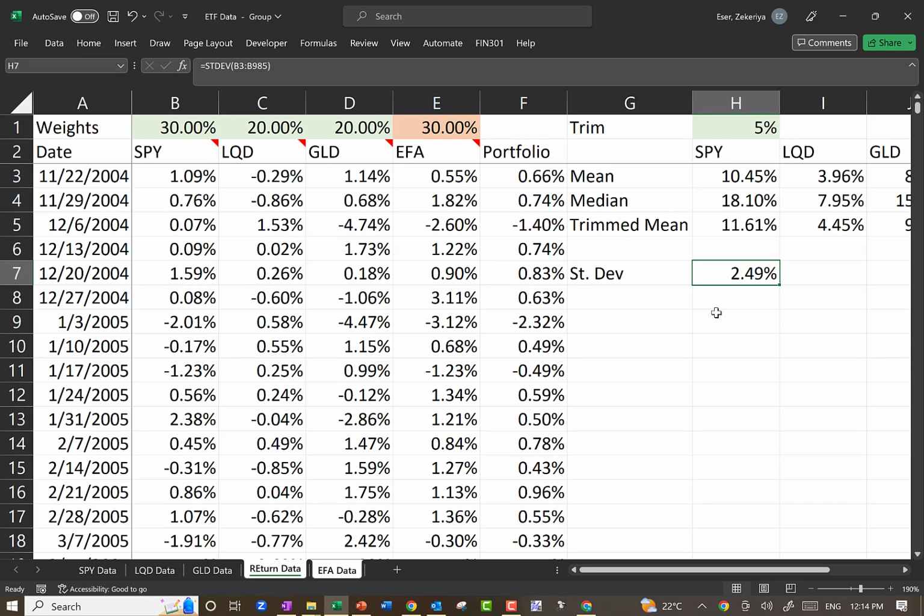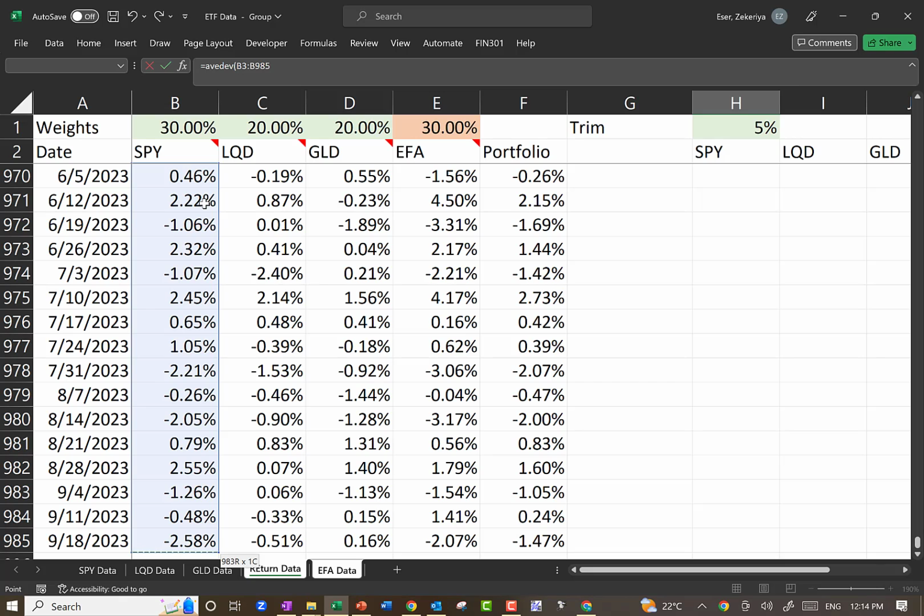These numbers are kind of big. I'm going to leave them as they are. I'm not going to multiply them by 52 because I only care about their relative magnitude. And the name of the function for calculating mean absolute deviation is avedev, short for average deviation. Should not be very surprising.